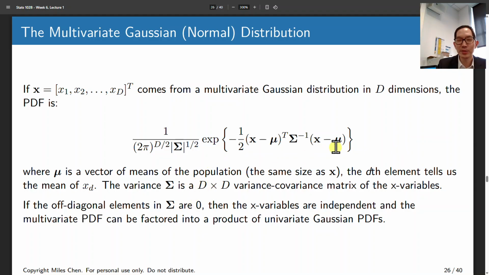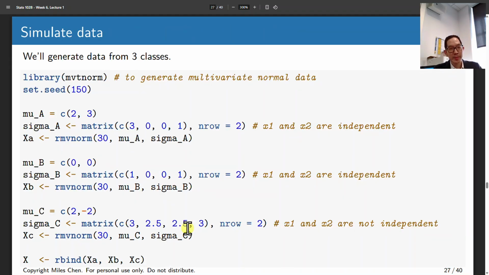Your sigma matrix is your variance-covariance matrix: the off-diagonal elements are the covariances, and the diagonal elements are the variances. If the off-diagonal element is 0, then those x variables are independent. There is a library that calculates multivariate normal densities very easily for us, library MVT norm, and it can also generate random multivariate values.